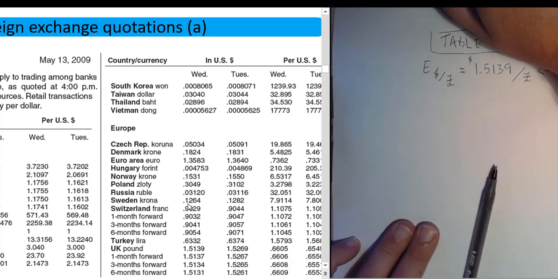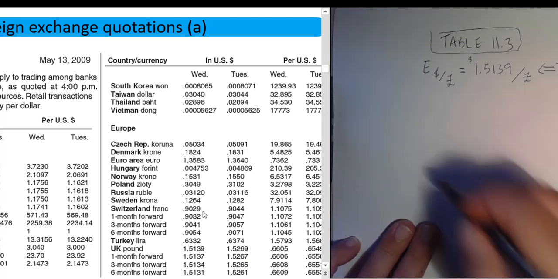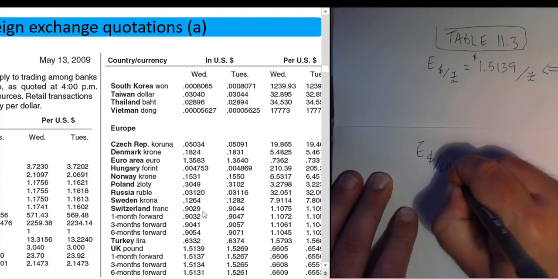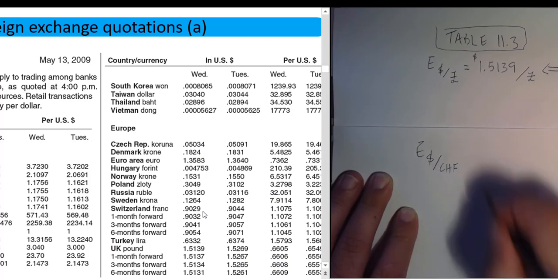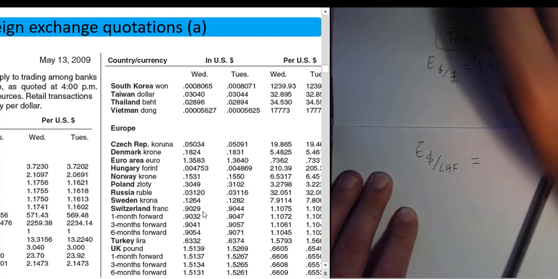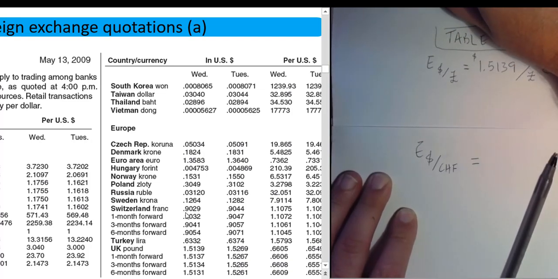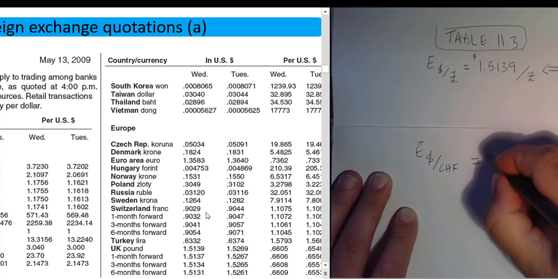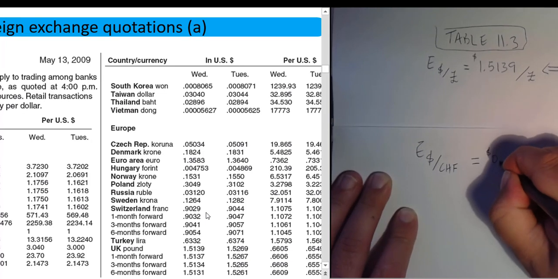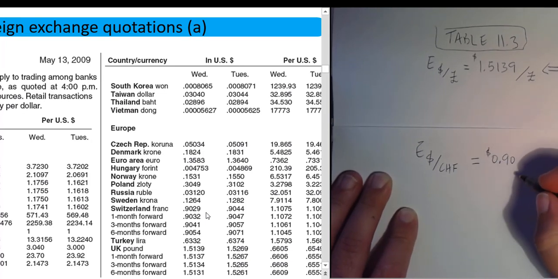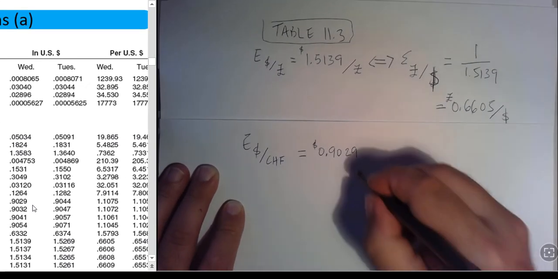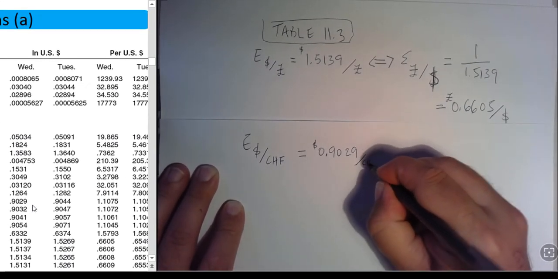Now, from the same table, note that we have the spot rate for the Swiss franc. Okay. And that number is given over here, 0.9029 of a dollar. So you need 0.9029 dollars to buy a Swiss franc.